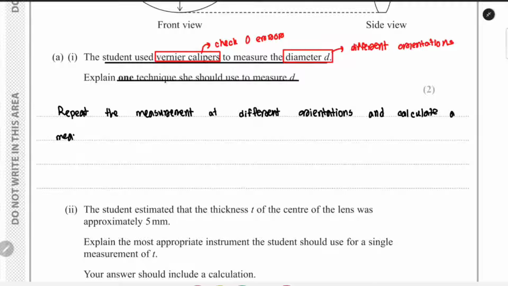If we do this, we reduce the random error. You could have had a question about 2 points. If it did, another point you could write about was the zero error.